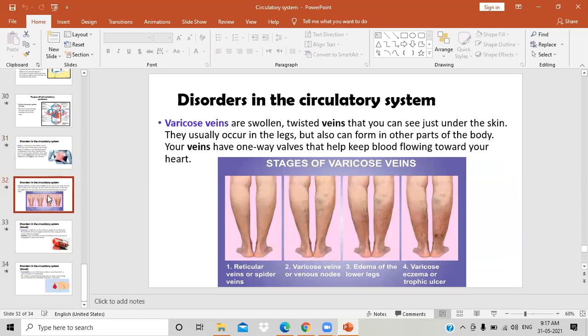The second is varicose veins, which affects the veins because of the weak walls of the veins that cause some veins to swell or twist, and it happens mainly in the legs of some people.